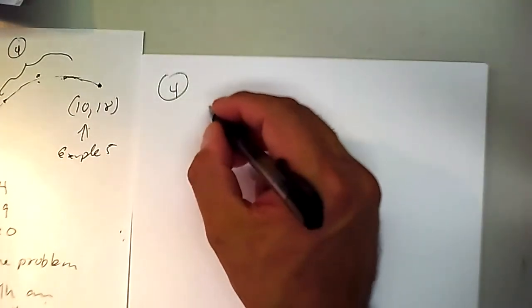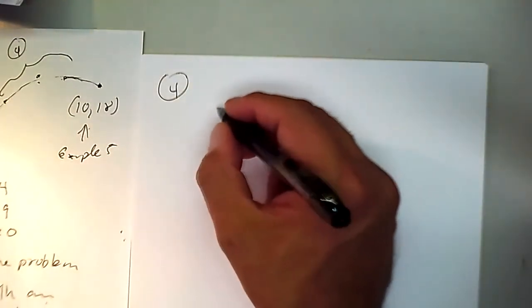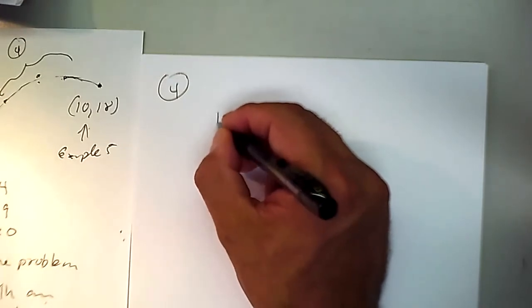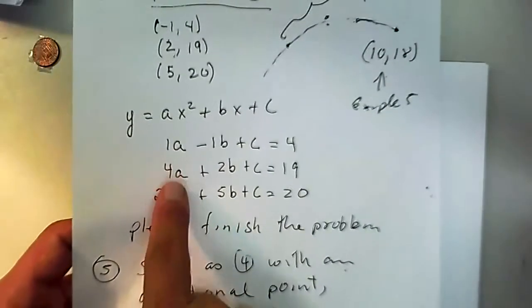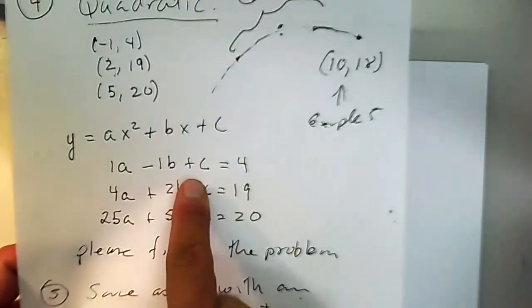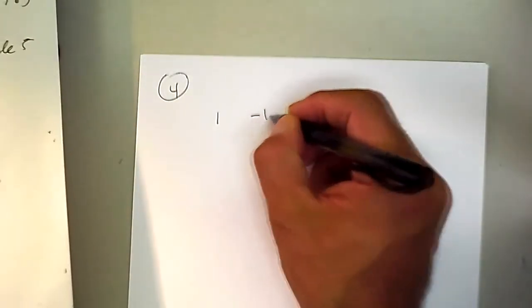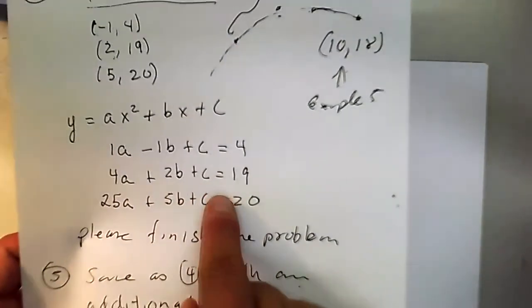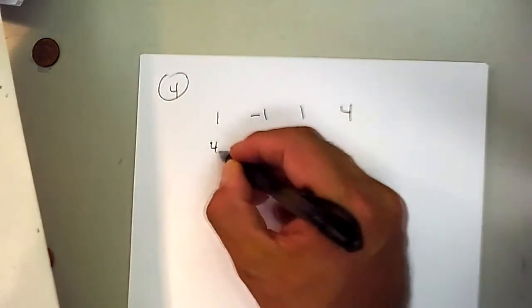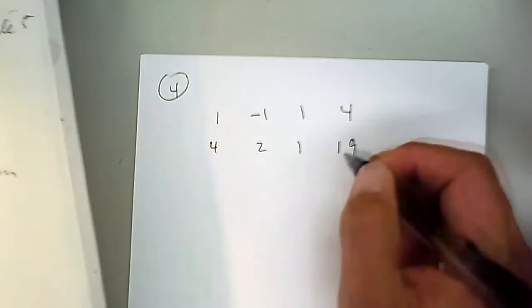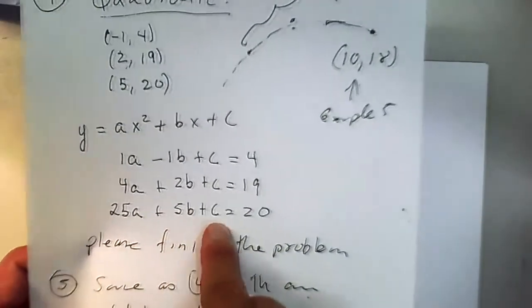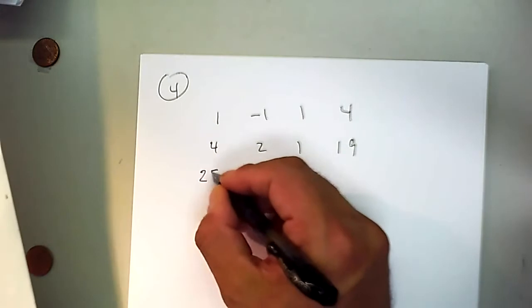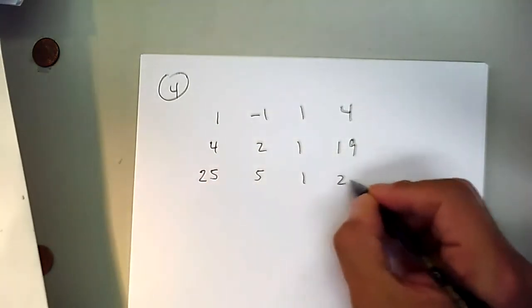In example 4, the matrix equation we have at hand will be, let's see, I'm copying the coefficients from those equations. 1, -1, 1, 4. 4, 2, 1, 19. 25, 5, 1, 20.